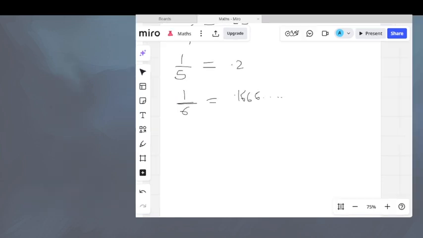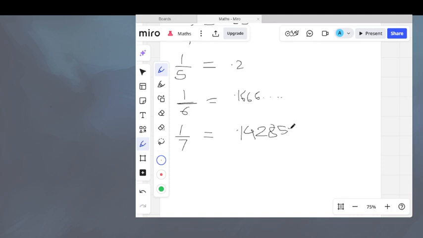Now let us take one more fraction, 1 by 7. What we get is 0.14285714 and so on. What if we take one more fraction, 1 by 8?